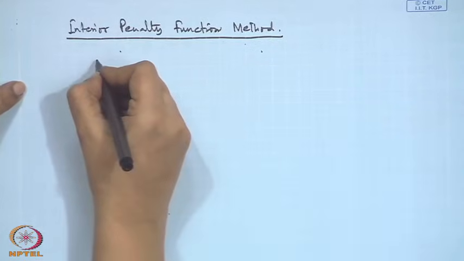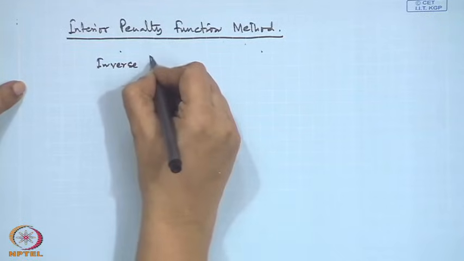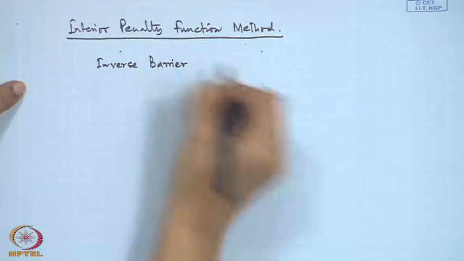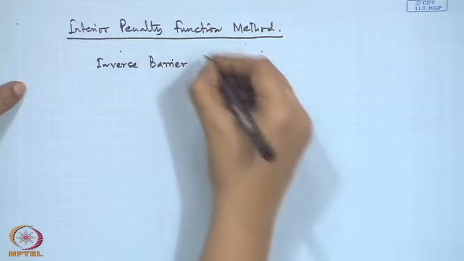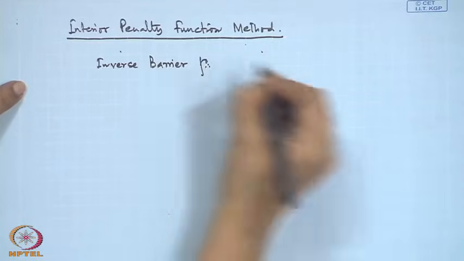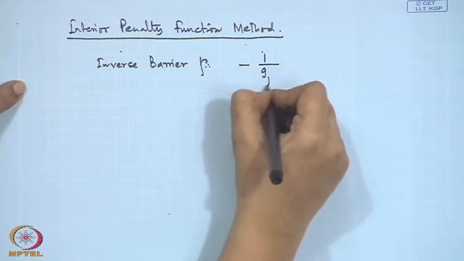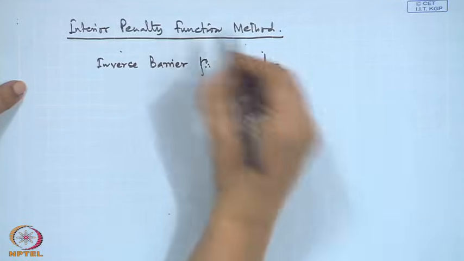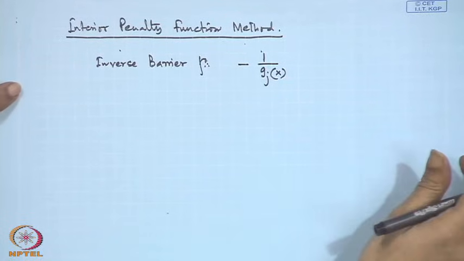The very well known method is the inverse barrier function. The interior penalty function method is also named the barrier method. The function is minus 1 by g_j(x). This interior penalty function method works only for the less than or equal type of constraints.